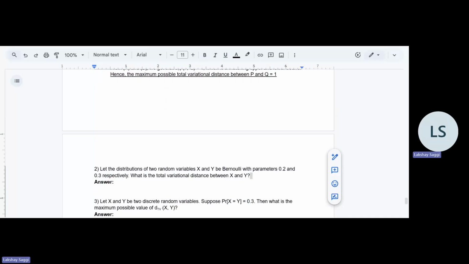You can think of it as just a coin toss. So x is a random variable which shows heads with probability 0.2, tails with probability 0.8, and y is a random variable which shows heads with probability 0.3 and tails with probability 0.7. And now we need to find the total variation distance between x and y.